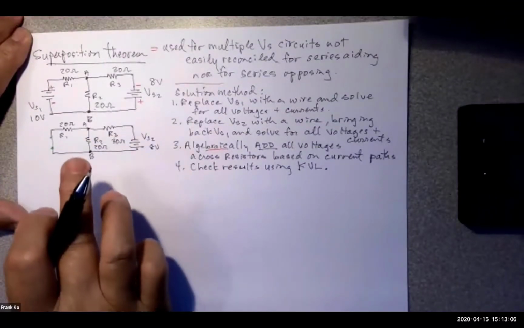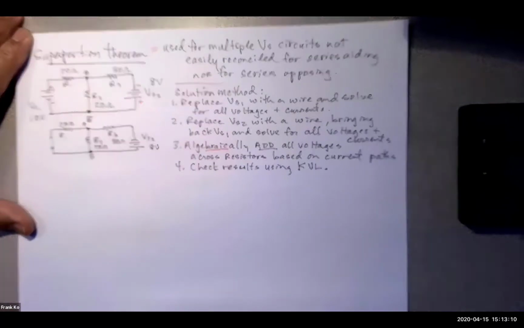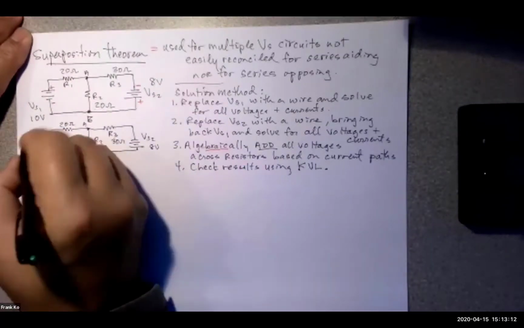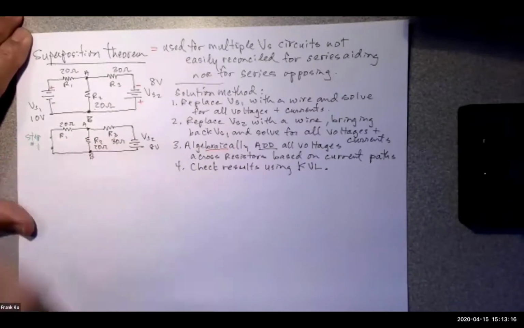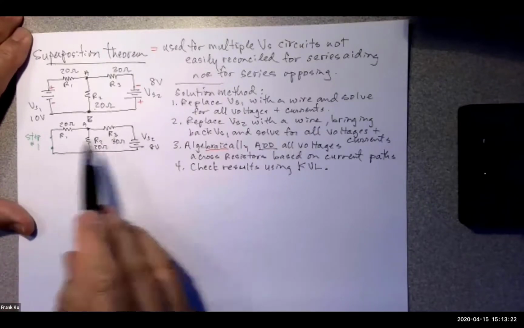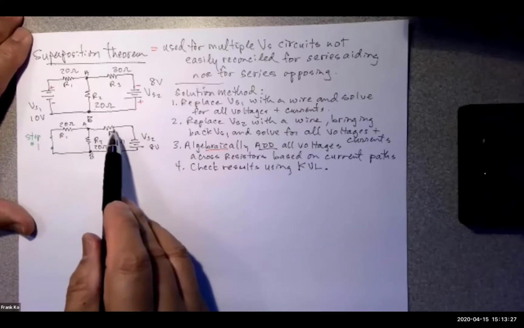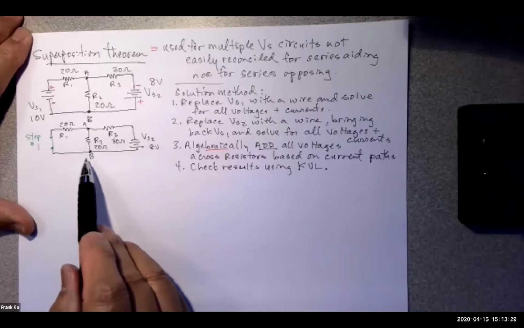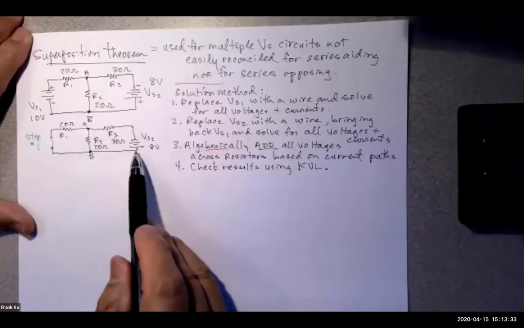So this is my step 1. Have I replaced voltage source 1 with a wire? And everything else remains the same. R1 is still 20 ohms. Point A is still A. I have 30 ohms over here for R3. Here I have 20 ohms for point B, and I have an 8 volt source.